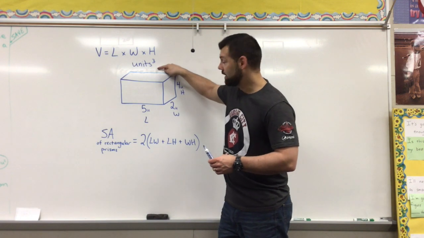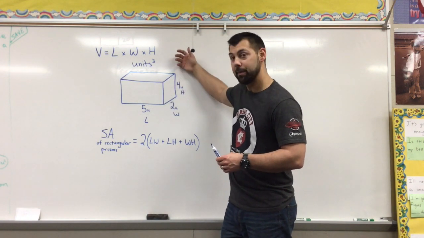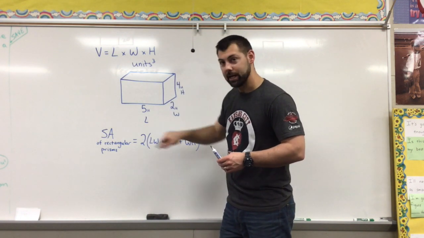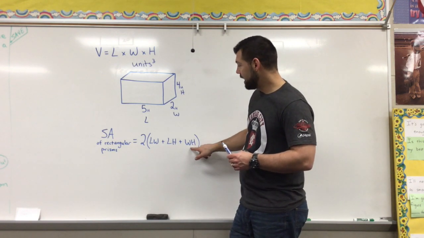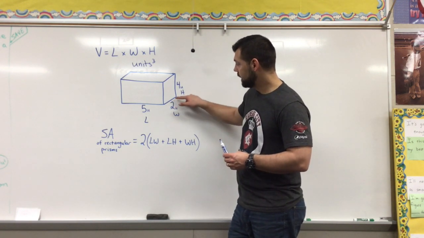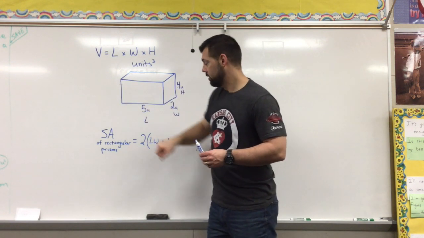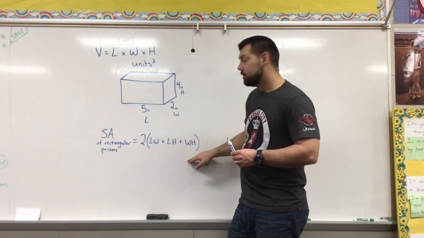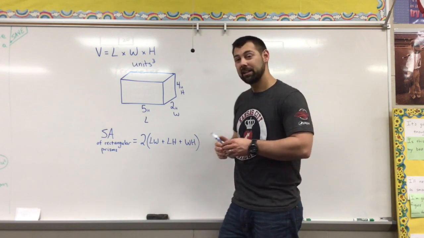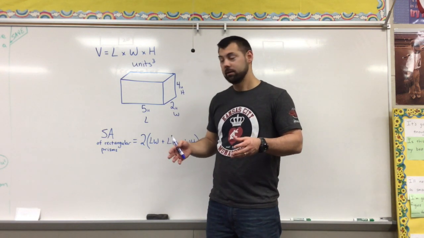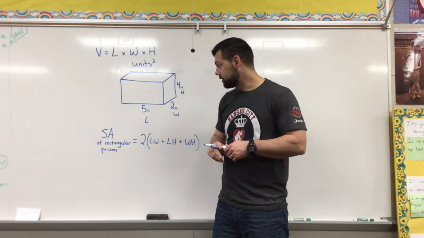Here's the length. That's going to give me the front and the back, because I'm doing it twice. And then the width and the height, which is going to be here and here, so the right and the left. And I'm doing that twice, that's why I'm getting both sides. So that covers all 6 faces of my rectangular prism.